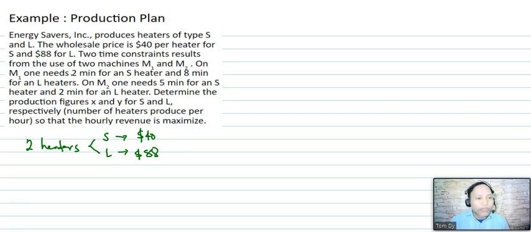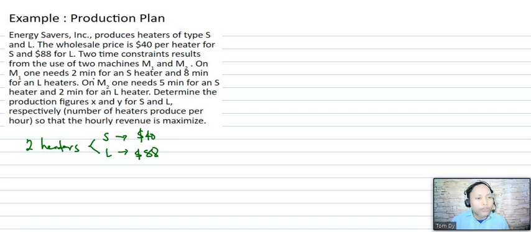Two time constraints result from the use of two machines, M1 and M2. On M1, one needs 2 minutes for an S heater and 8 minutes for an L heater. So in other words, we use two machines to produce these products, machine 1 and machine 2.